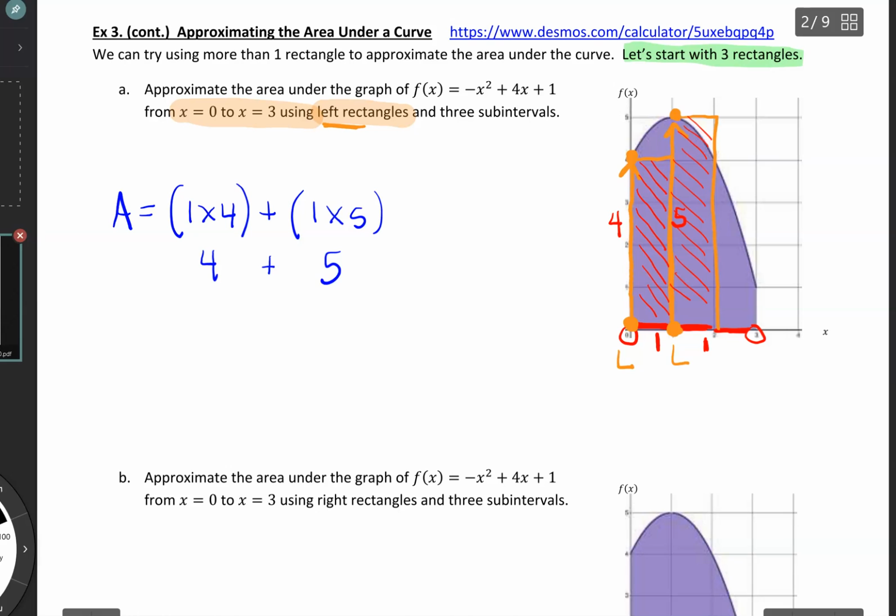Okay, and then we'll do one more rectangle. I'm going to start here at the left. I'm going to go up until I hit my curve, come down. And this would be a 1 by 4 again. Okay, and when I add all these up, that'll be my approximate area.